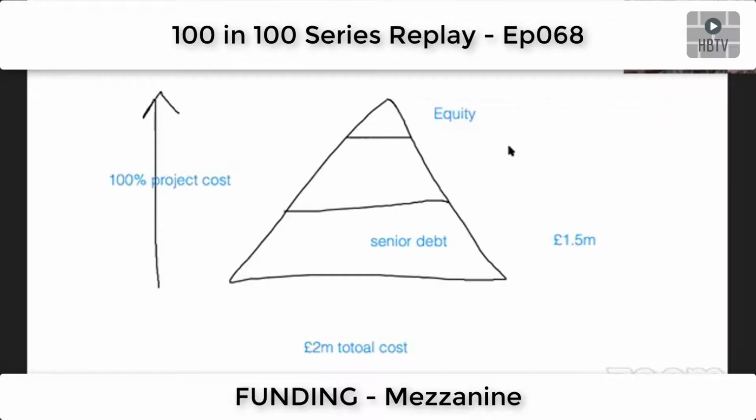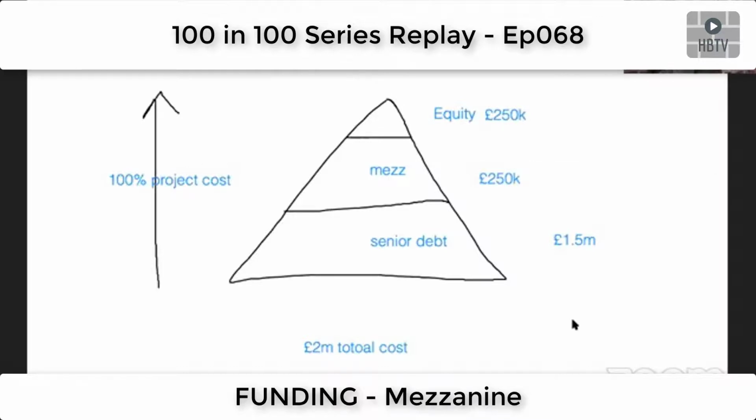It might be yours, part investor money, whatever that may be. Let's just say we've got equity of 250k. So there's a £250,000 gap here, and we may then look for a mezzanine funder to plug that gap of 250k.